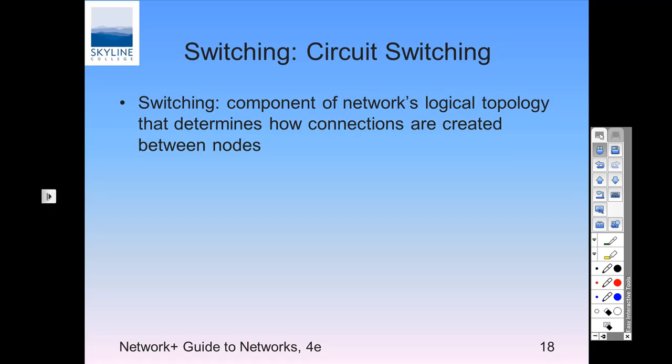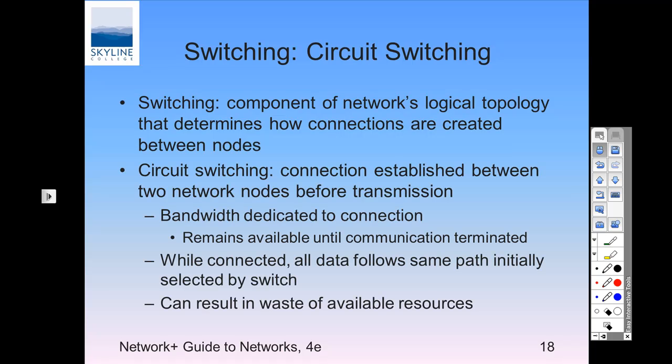Switching is a component of the network's logical topology. It determines how connections are created between nodes. Circuit switching is established between the network nodes before transmission. We create a circuit between these things. So layer 4 is going to be called connection oriented. That's that synchronization, the acknowledge and another synchronization, and then the acknowledgement, so that we actually create kind of like a phone call.